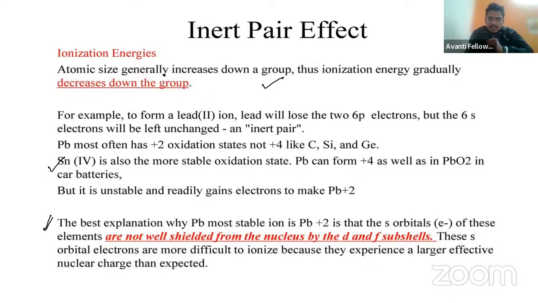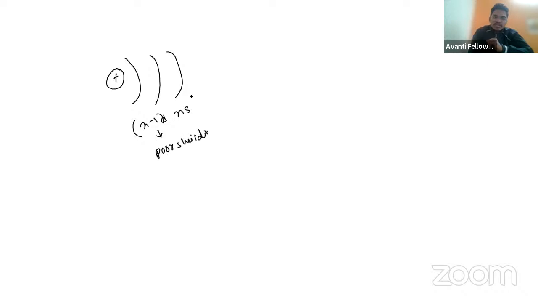I'll tell you simply what is happening here. There are (n-1)d electrons and ns electrons. Due to poor shielding, what is going to happen? These ns2 electrons will penetrate inside, which means they are near the nucleus, and they are pulled towards the nucleus.